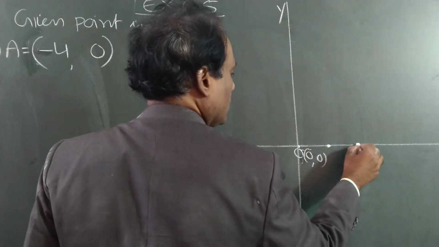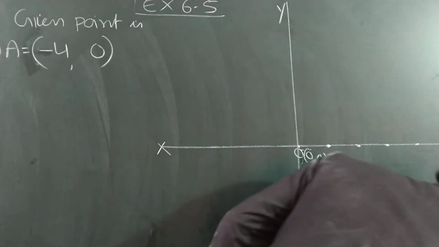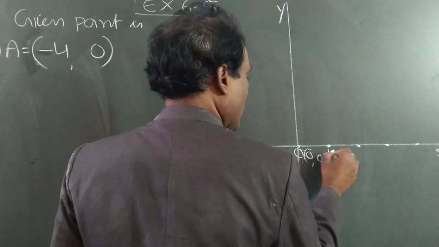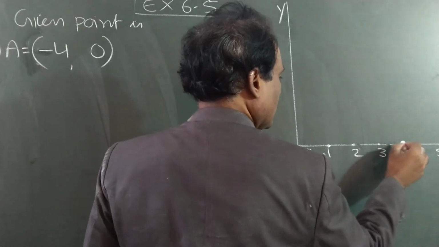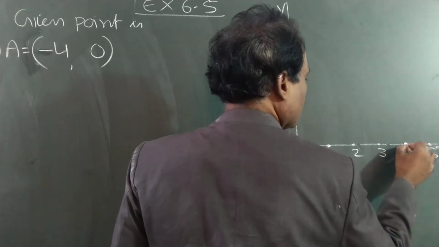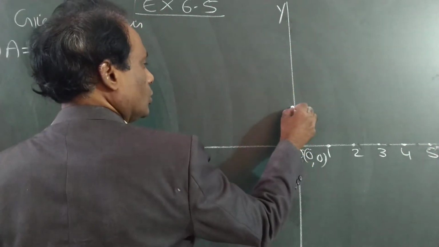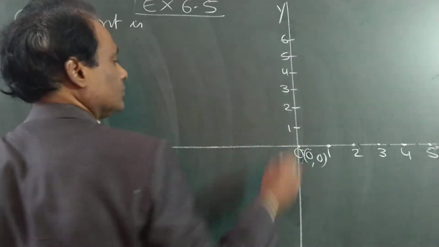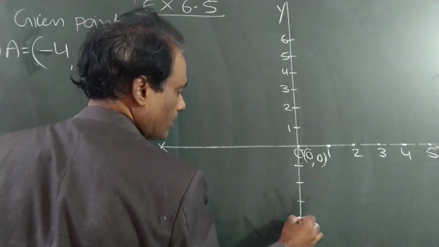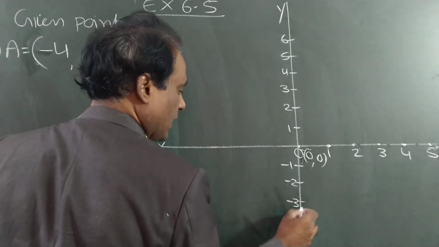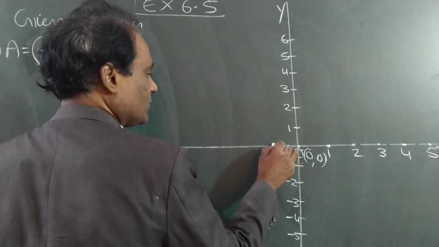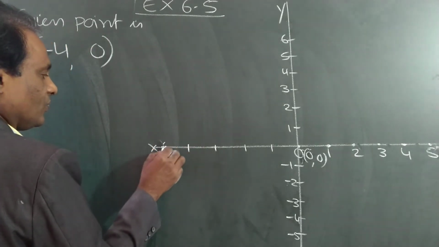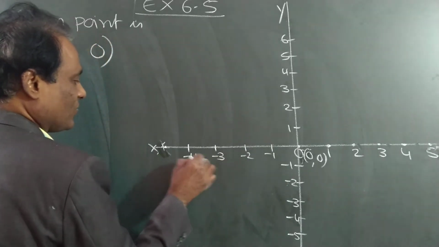Zero, 1, 2, 3, 4, 5 on the positive side, and next, -1, -2, -3, -4, -5 on the negative side, and the same on the y-axis. Approximately like this.